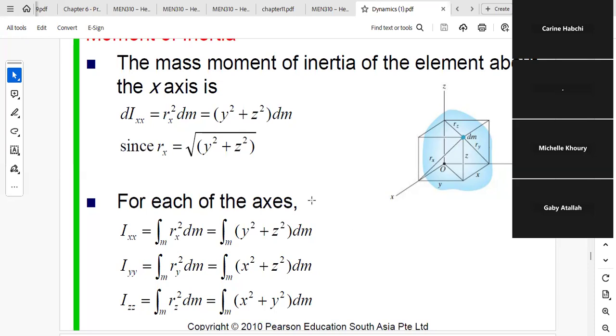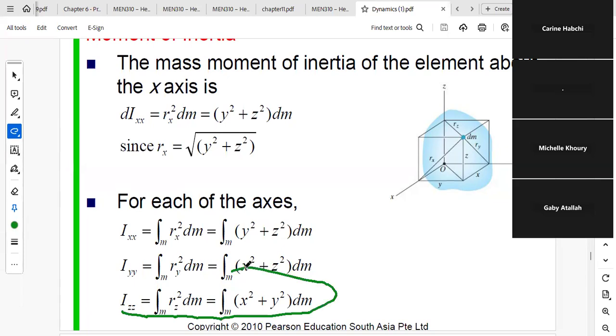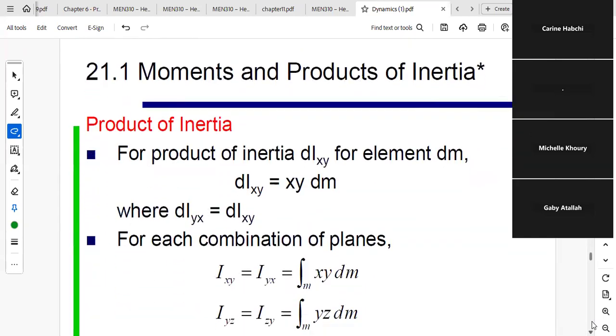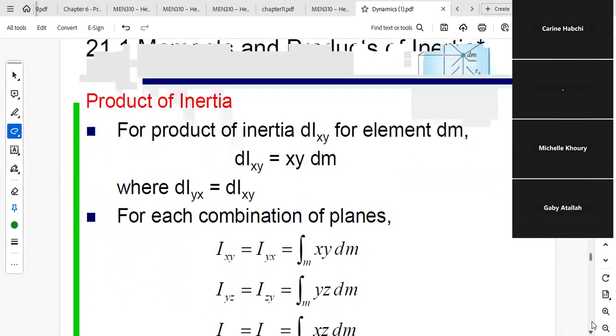Concerning the inertia, as we said, we can calculate inertias about x, y, z, and we are familiar with this one in 2D, Izz. Izz is equal to the integral of x square plus y square dm. Now, what about the product of inertia?